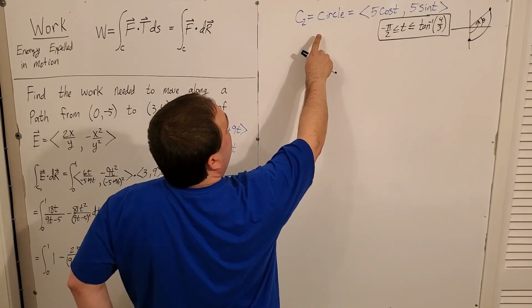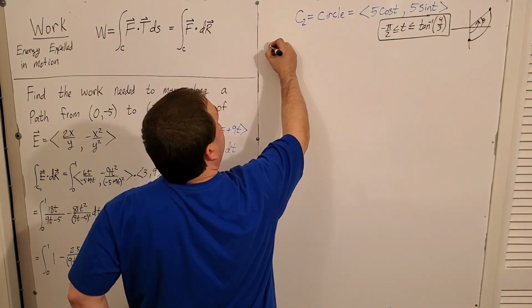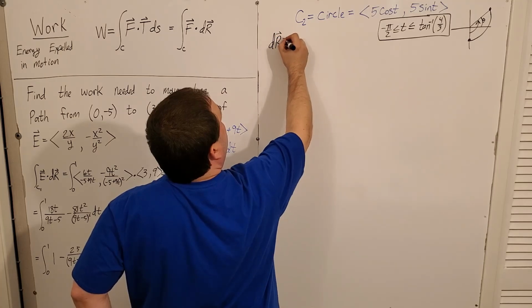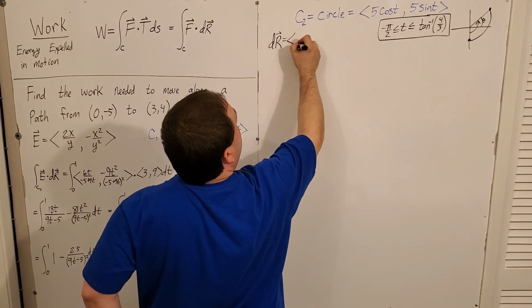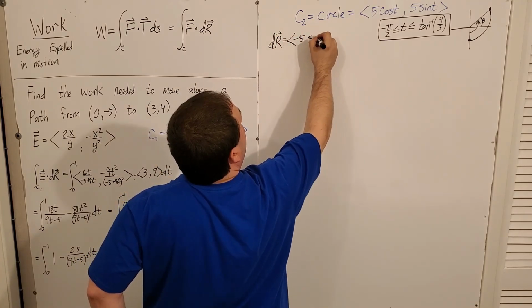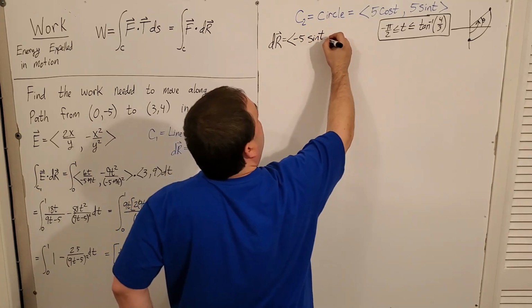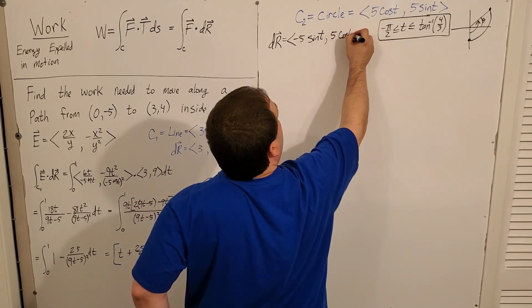I need to have my dr. In this case, that's going to be -5 times sine and 5 cosine, right?